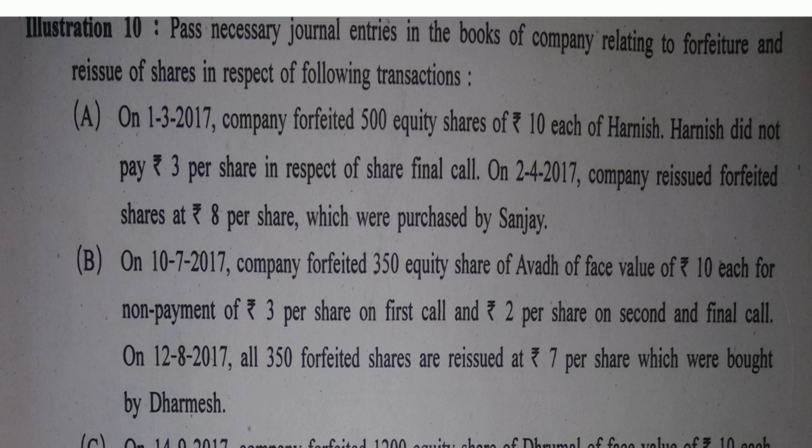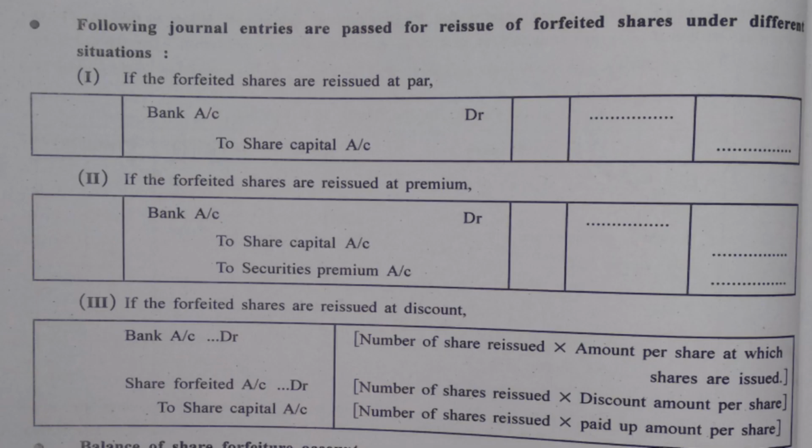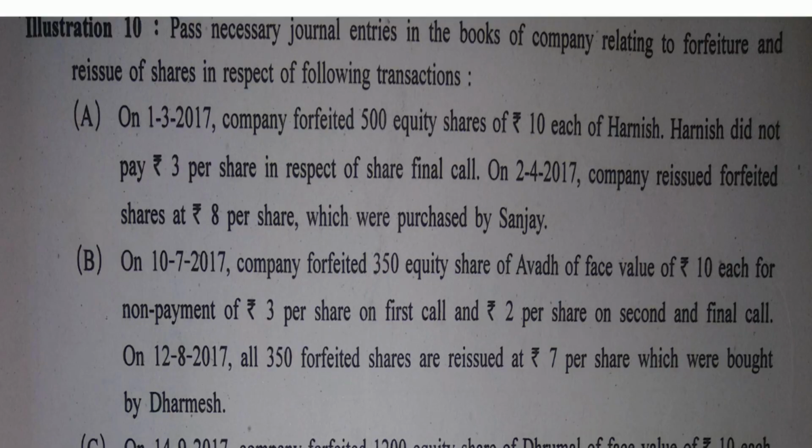So if you compare rupees 10 and rupees 8, what do you conclude? That the share has been reissued at discount. 10 रुपए वाला शेयर अगर आप 8 रुपए में reissue करेंगे, definitely you have reissued these shares at discount. To whom? To Sanjay.